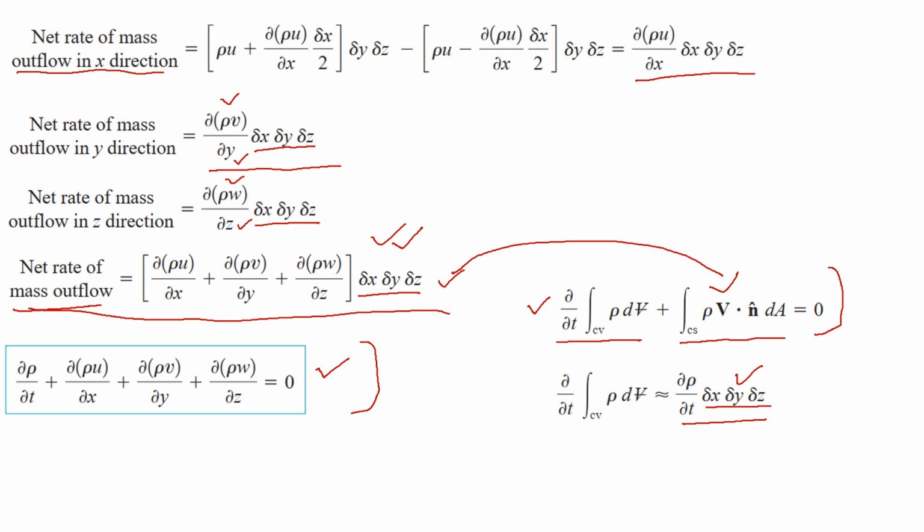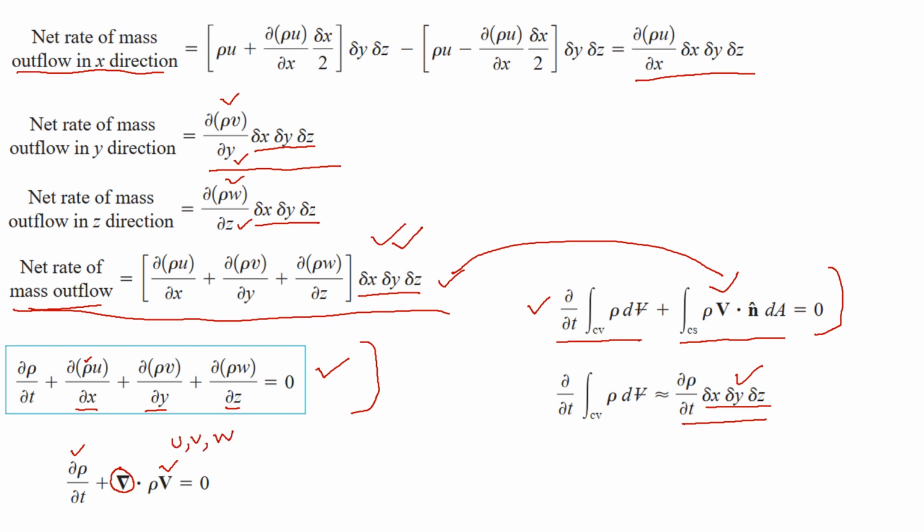Writing this in a more generalized manner, here is our partial t term, and the partial over partial x, partial over partial y and partial over partial z can be written in terms of the del operator dot product with the density times the velocity vector, that is u, v, w.